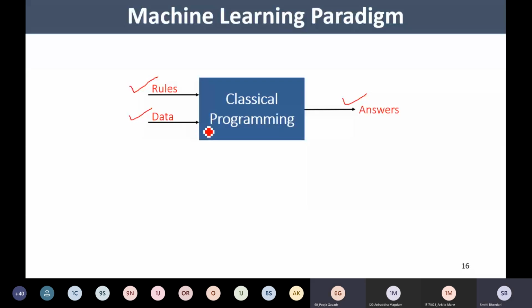The expected answer is whether that email is spam or not spam. Since we are using classical programming, we need to impose certain rules to check whether the email is spam or not spam.